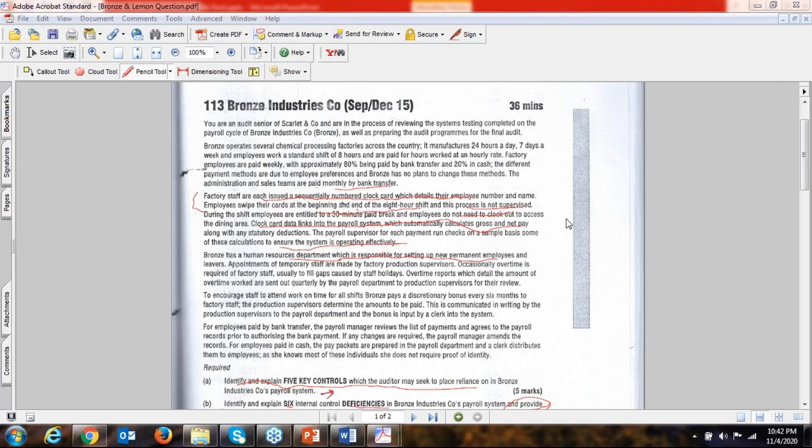This is the vital deficiency in the system. And what will be the impact? It will decrease the production and decrease the efficiency, which is ultimately not a good sign for a company.